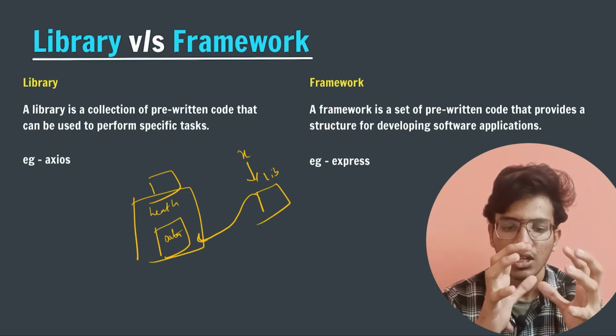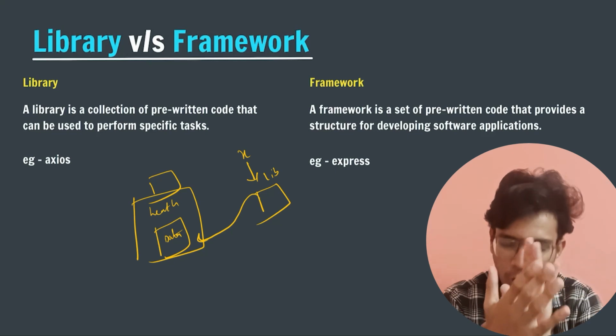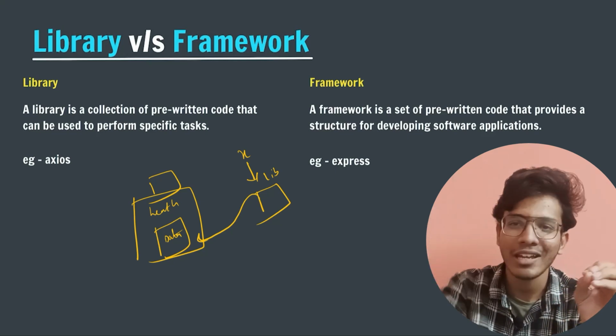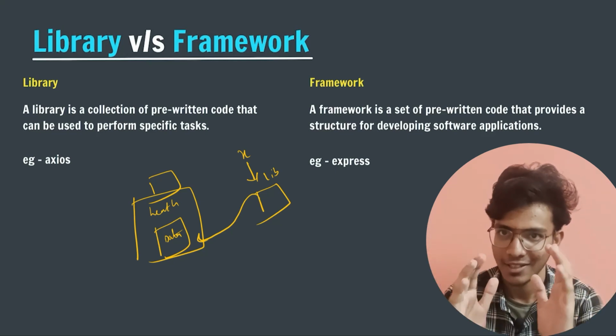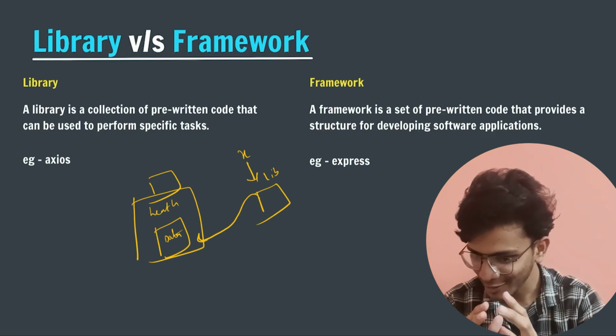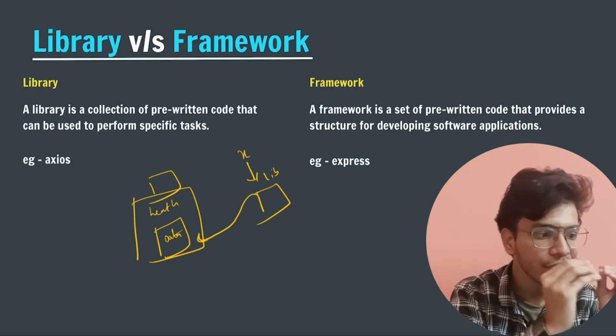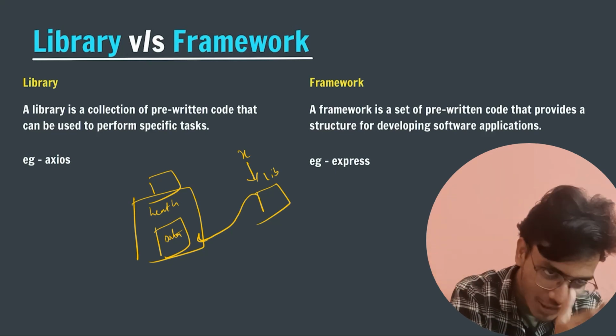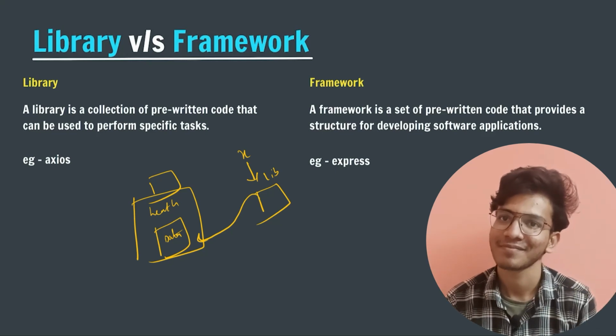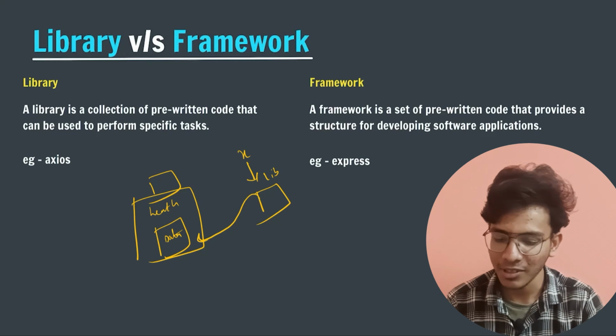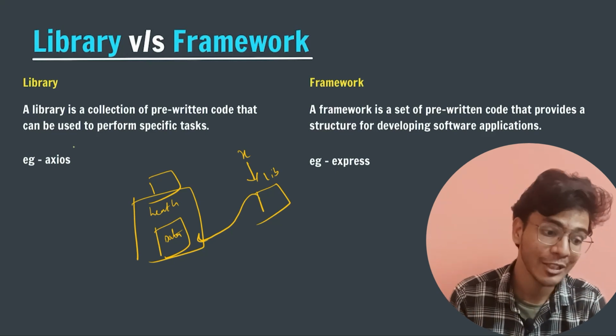A library is pre-written code and you can integrate it anywhere you want in your website. A framework is also pre-written code, but you have to follow an order, a sequence of things, right?